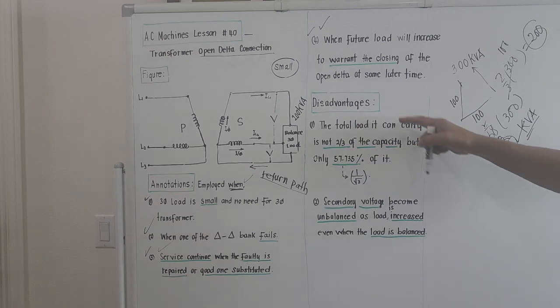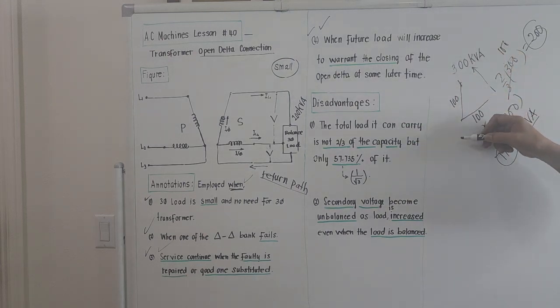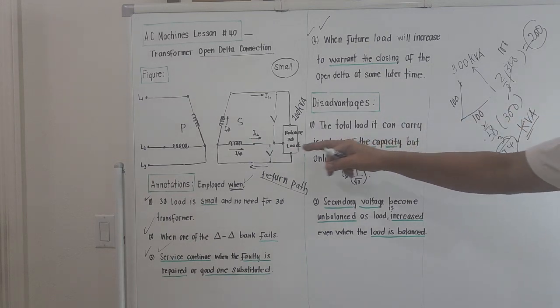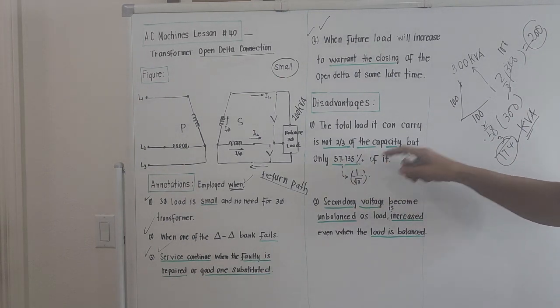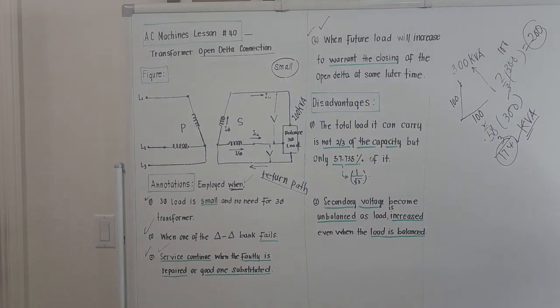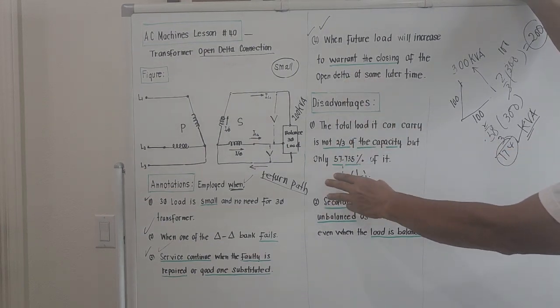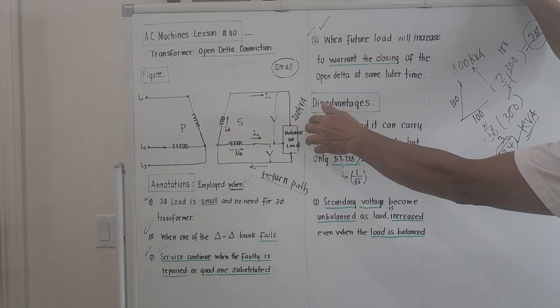So this could be proven by presenting an equation, and it will come out that the total capacity that could be delivered by an open delta is only 57.735% of the given load. Okay? That's disadvantage number one. Instead of delivering two-thirds, it's only almost 58% of the given rated capacity.